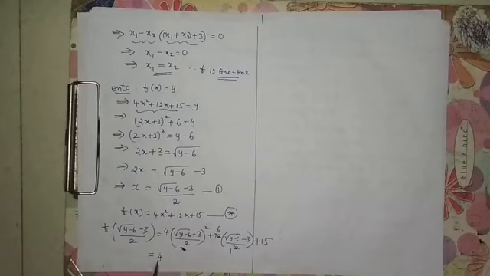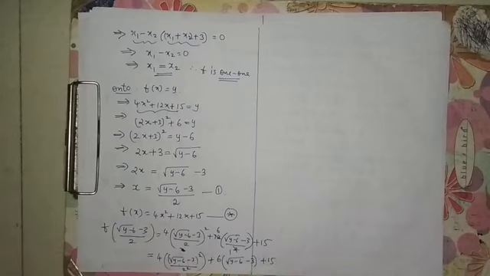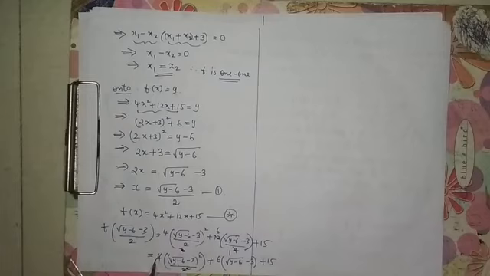Next step: 4, I am writing this separately. The numerator has a square, so I have to give it for the denominator also. So that will be 4 into (square root of y minus 6 minus 3) whole square, written separately, divided by 2 square. Numerator and denominator have square. So plus 12, what happened, 6 into square root of y minus 6 minus 3. Denominator is not there because I had cancelled already. Plus 15. So here 2 square and this 4 will get cancelled.